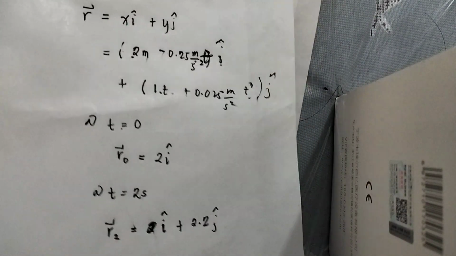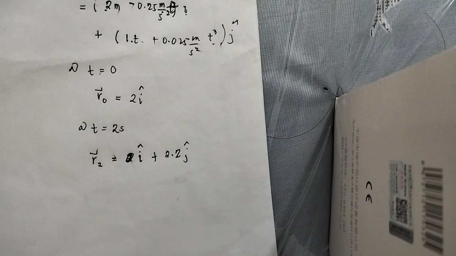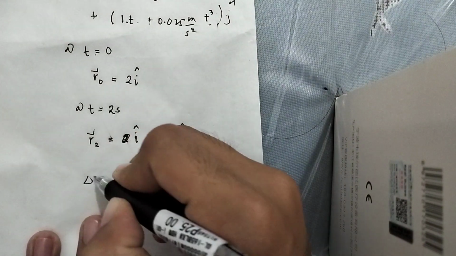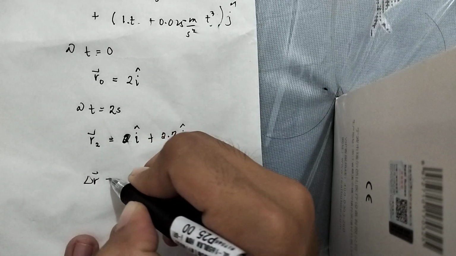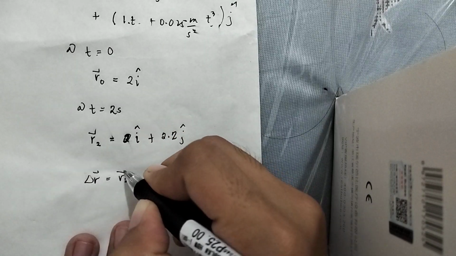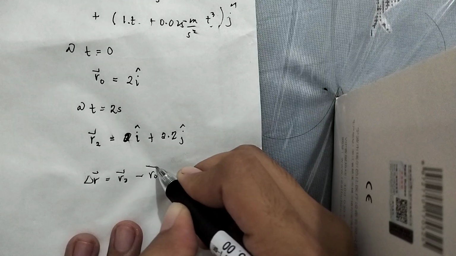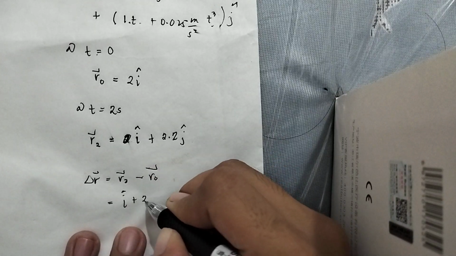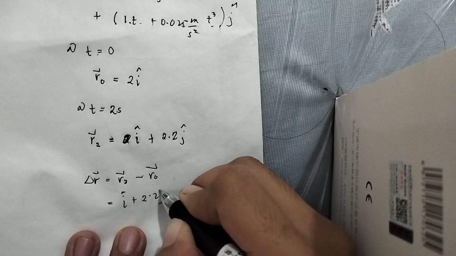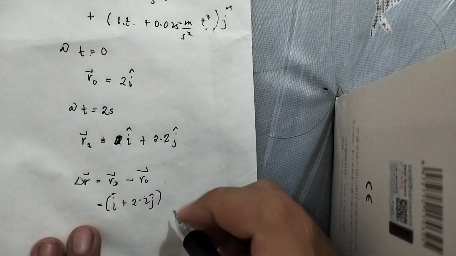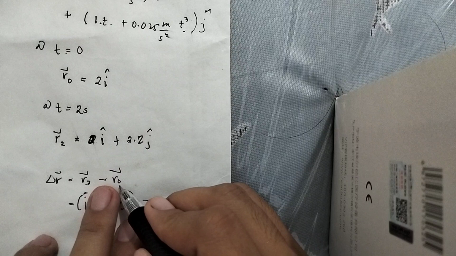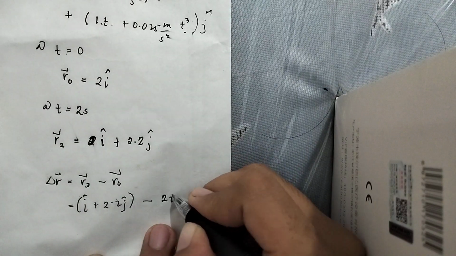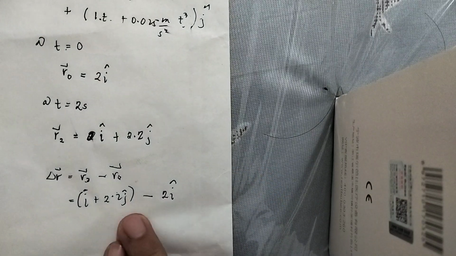So, now we have the values for the position vector R2. So, we can get the displacement delta R. So, R2 minus R0: i hat plus 2.2 j hat, minus 2i. So, evaluate.